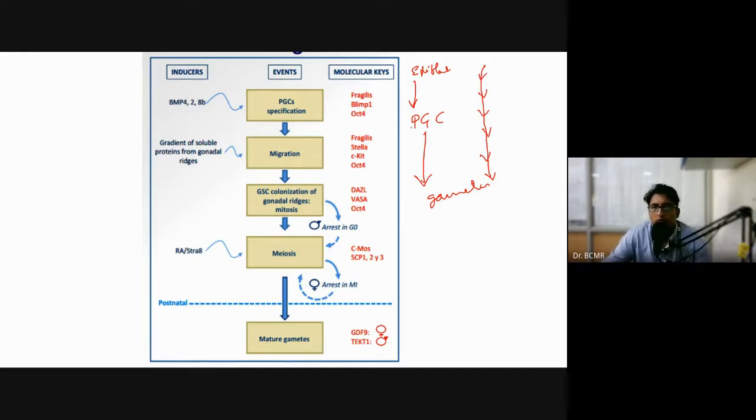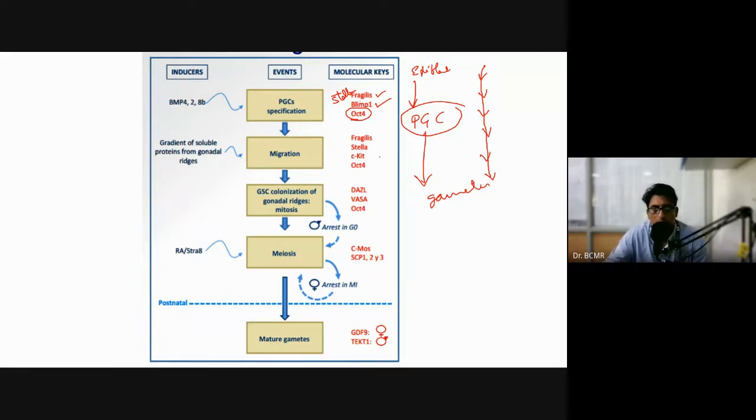So the first one, until here, we have seen in the previous one, where we know that there is expression of BLIMP1, fragilis, and also Stella, right? And there is also expression of OCT4. As I said, different studies will have different focus, and different people will keep supplying more information.